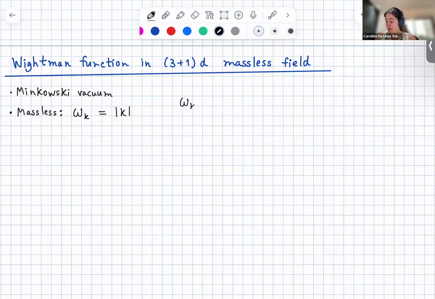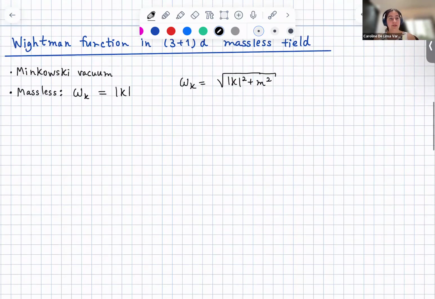Remember that omega_k is the square root of k squared plus m squared, in general, right? So in here it's just going to be the norm of k. So let's do this computation. It's a little bit tedious, I guess, but let's just do it. I will skip some of the steps, otherwise it will take forever. So the Wightman function for the massless case and n equals 4.